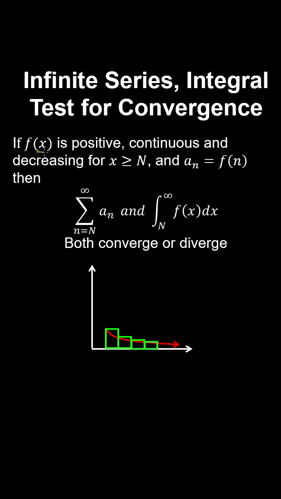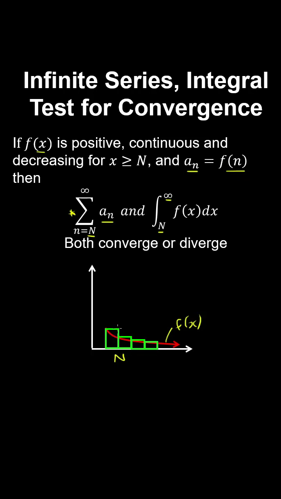If a real function, f of x, is positive, continuous, and decreasing for x greater than or equal to some integer n, so as we can see that's true for this function, and a_n is a function of the integer n. So this describes the terms in the series. Then the series summed from n to infinity and the integral from n to infinity of the real function both converge or diverge.